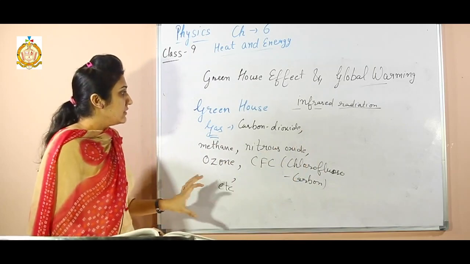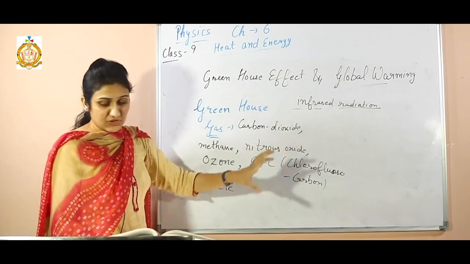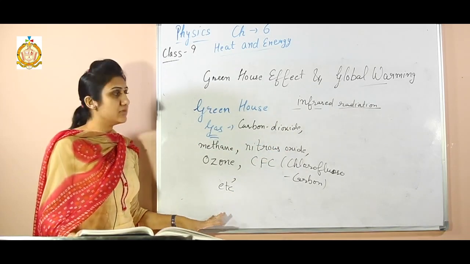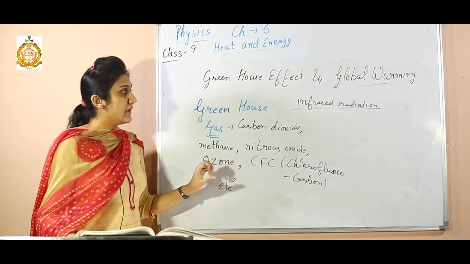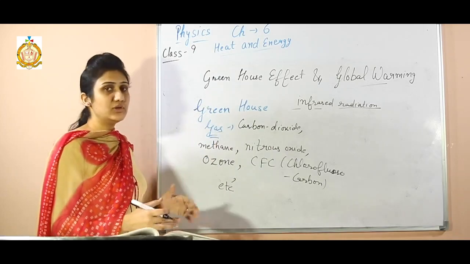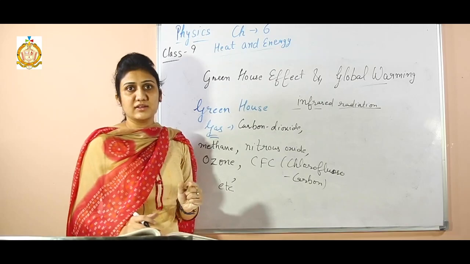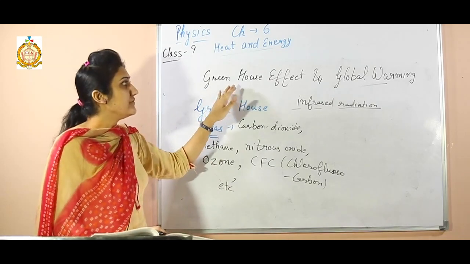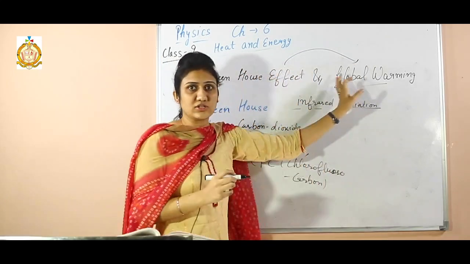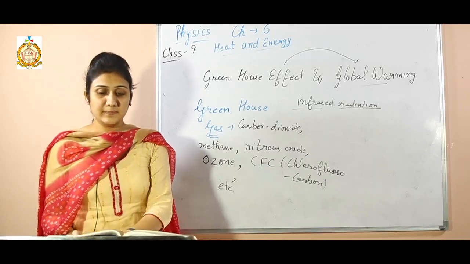So these gases absorb the infrared radiations of long wavelength emitted from the atmosphere, and these do not let the heat from our atmosphere go out. So that is why the greenhouse effect is seen. And the greenhouse effect leads to global warming. It is the cause, and global warming is the effect. So now see what is global warming.